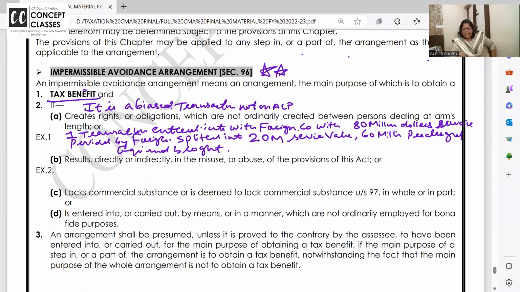Are you listening and writing the example? One transaction entered into with a foreign company with $80 million service they have provided by foreign company, splitted into $20 million is the service value they have provided to India. And for providing this service, $60 million के pre-designed equipment they are importing from the foreign country. ऐसे split करके बता रहे.